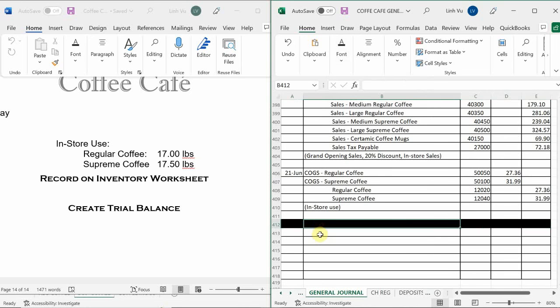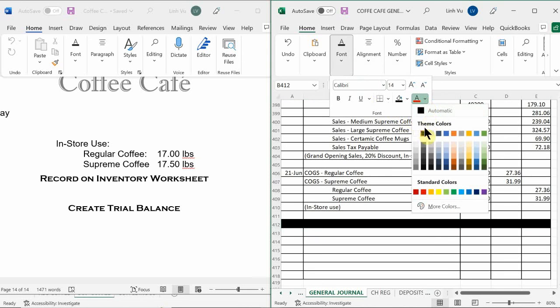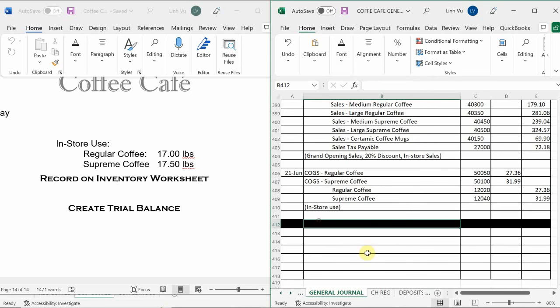Okay, so there it is. I'm going to type in here: Trial balance week 3. Okay, and that should be it. So save your work.